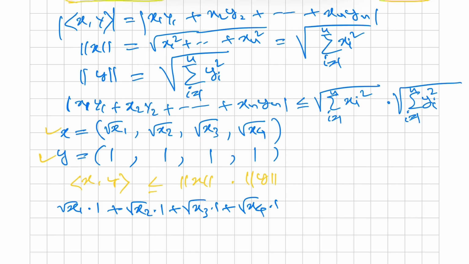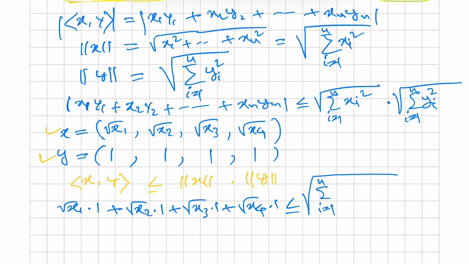No need to take mod here because all are positive, and this is less than or equal to the square root of the summation i equals 1 to n xi square. But in our case, what is xi?